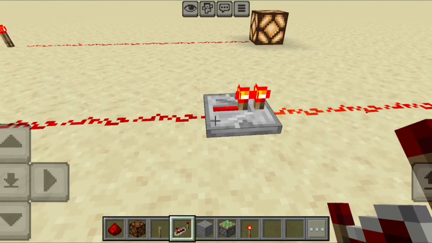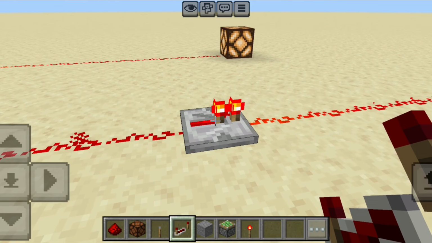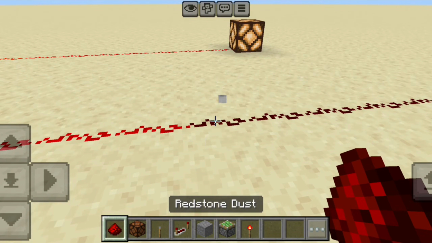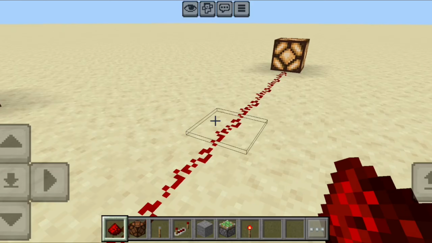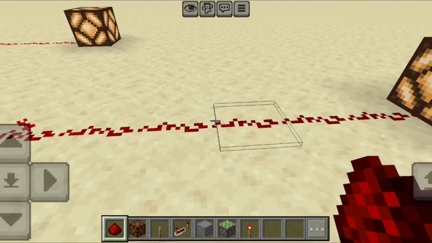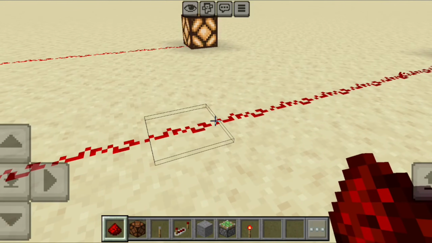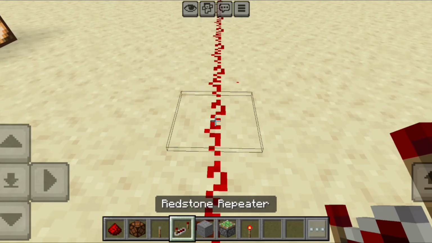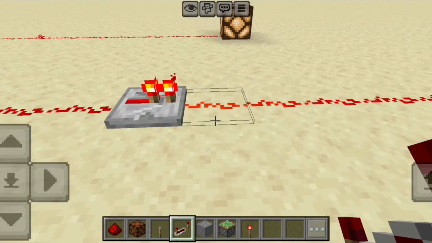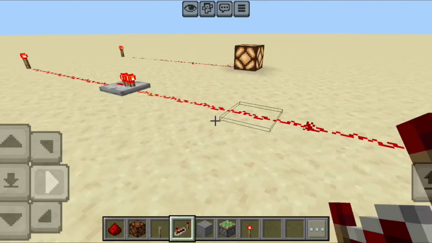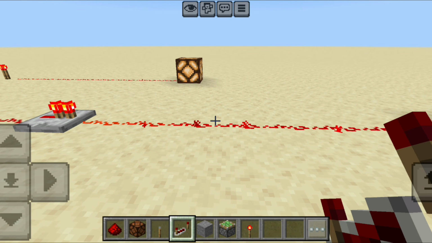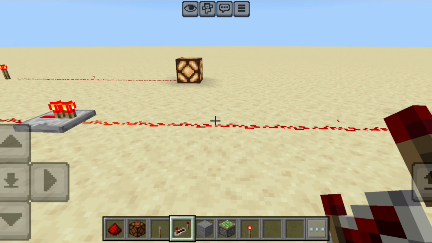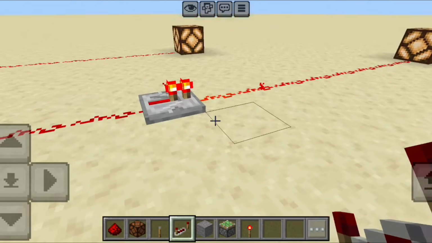That is, if I don't use this redstone repeater, then electric power will get lost. But if I add a redstone repeater, then the power will be higher and fights back resistance.